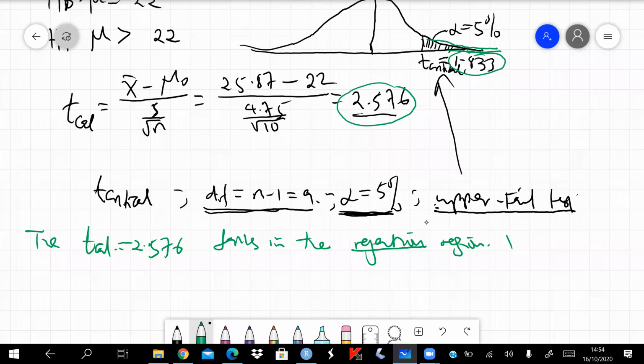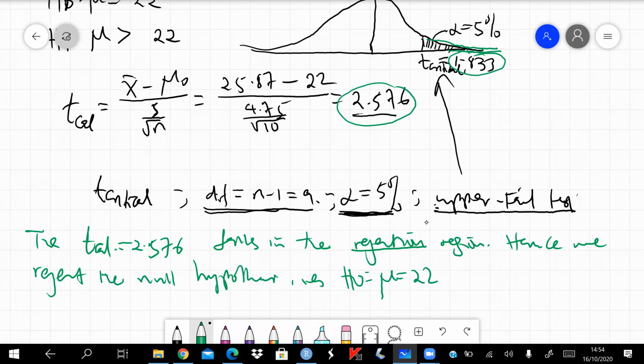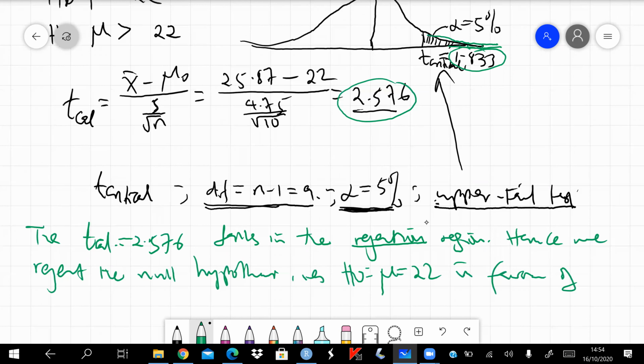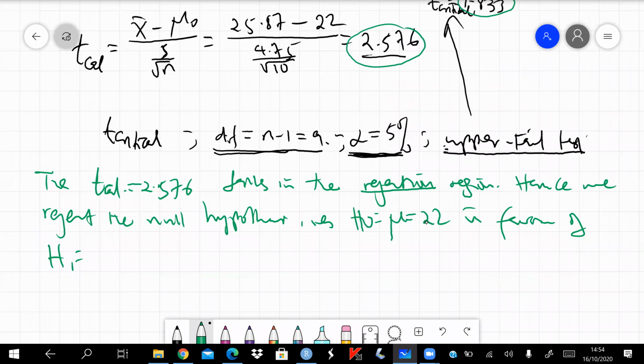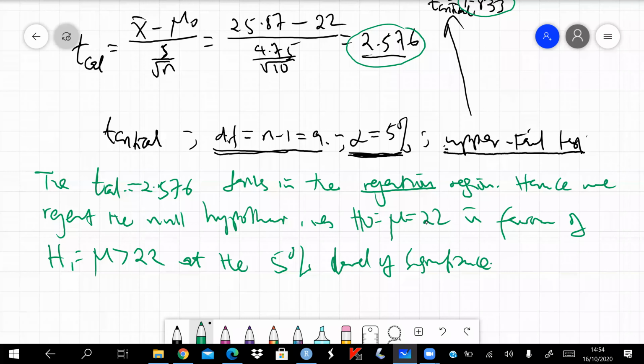Hence, we reject the null hypothesis, H naught, that mu is 22, in favor of H1, which is saying that mu is bigger than 22, at the 5% level of significance.